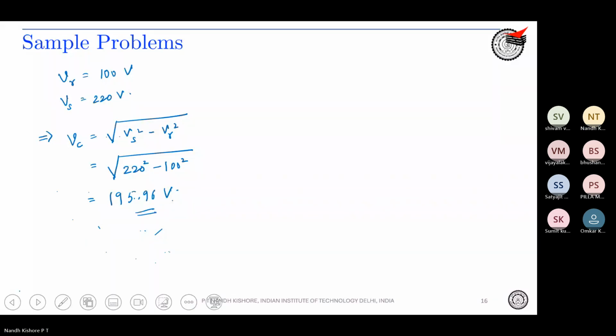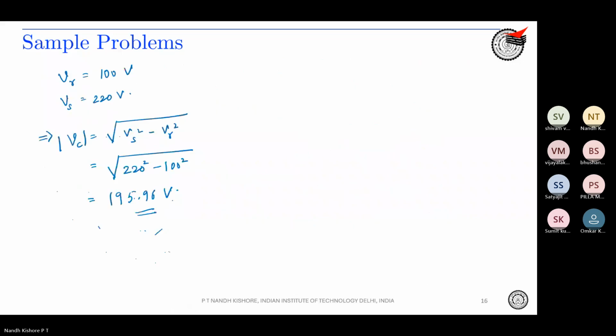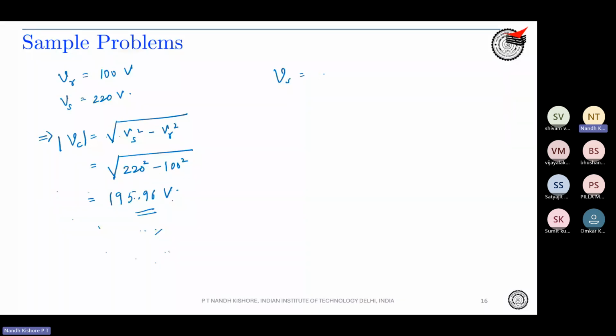So what about the phase angle? We have got the magnitude, we have got VC, we have got VR. Since Vs is equal to VR plus JVC, from here I can write tan theta would be imaginary part by real part, VC by VR.